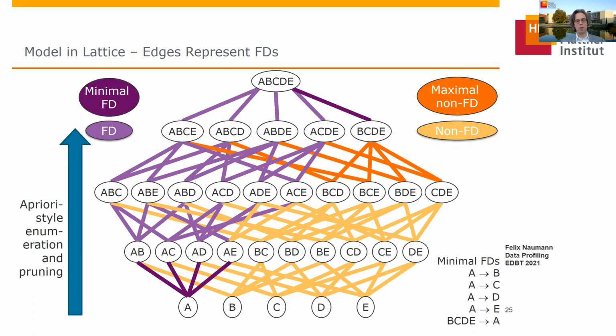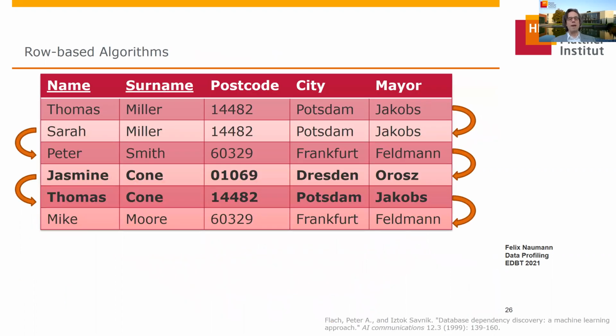There's another way to look at this problem. This is, in a sense, a column-based algorithm, but there are also row-based algorithms. This is the FDep algorithm by Flach and Savnik. They don't look at this lattice and look at column combinations. Instead, they look at all pairs of rows.